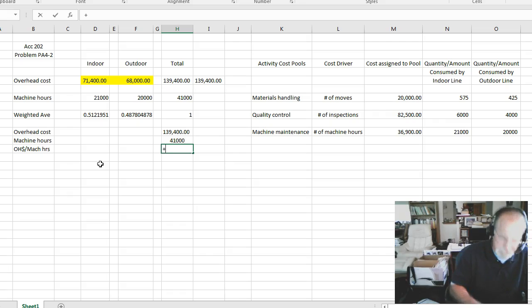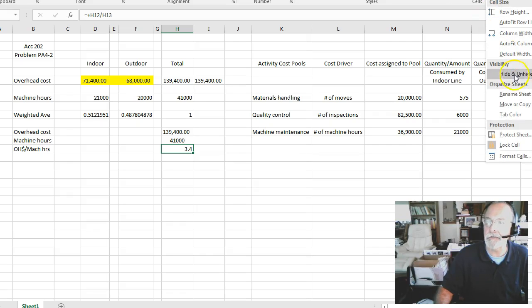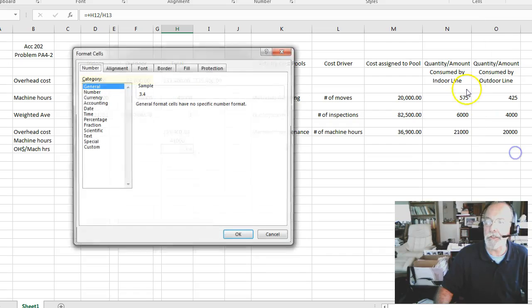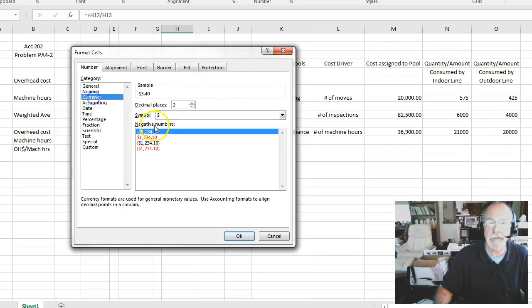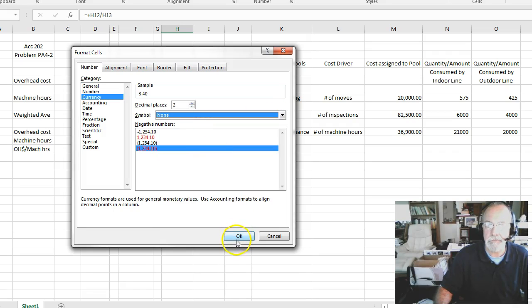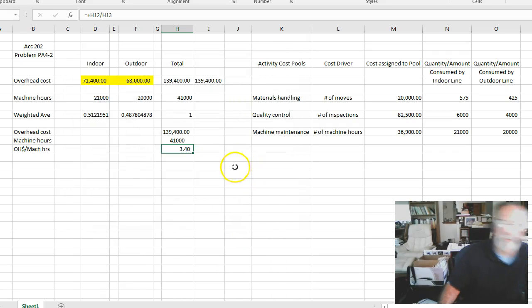And so we would take the dollars and divide it by the hours, and that would give us $3.40 per machine hour. Let's format that as currency amount, $3.40.